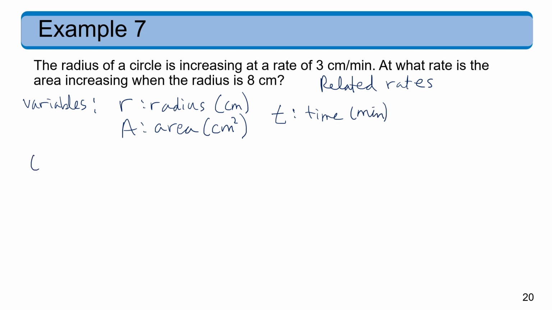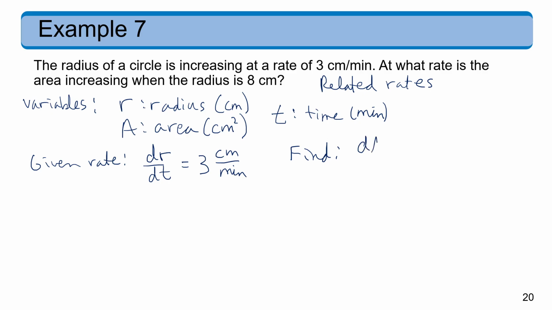Now let's write out the given rate. So the rate for the radius, how fast the radius is changing over time, would be dr dt, and that is 3 centimeters per minute. And then the rate we want to find is for how fast the area is changing over time, so dA dt.